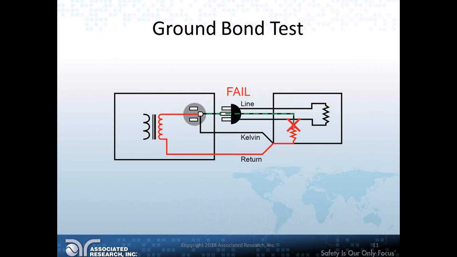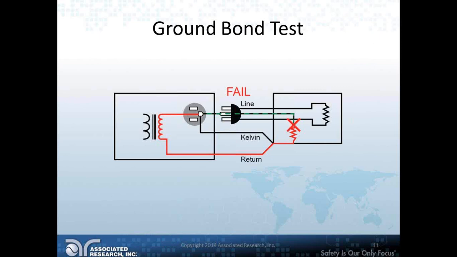Here's a picture showing a simple handheld drilling machine being connected to one of Associated Research's ground bond testers, the HypotULTRA 3 series of testers. As you can see, the red connection is connected to the ground pin of this device, which indicates that this is where the high current will be pumped into the ground pin of the device.